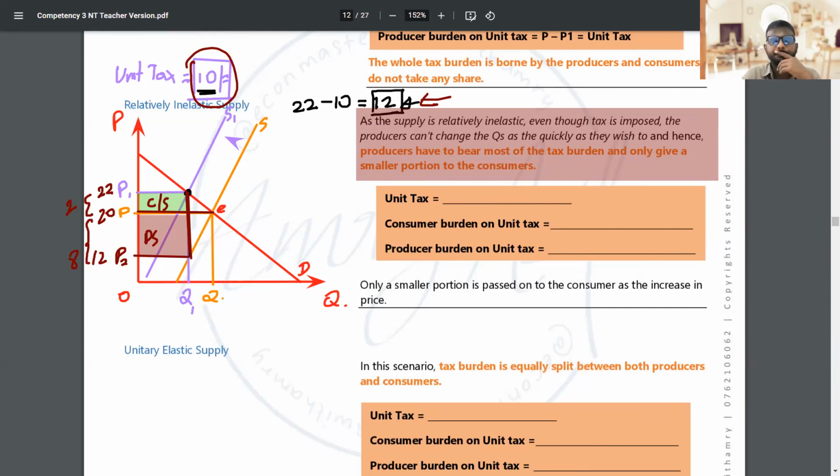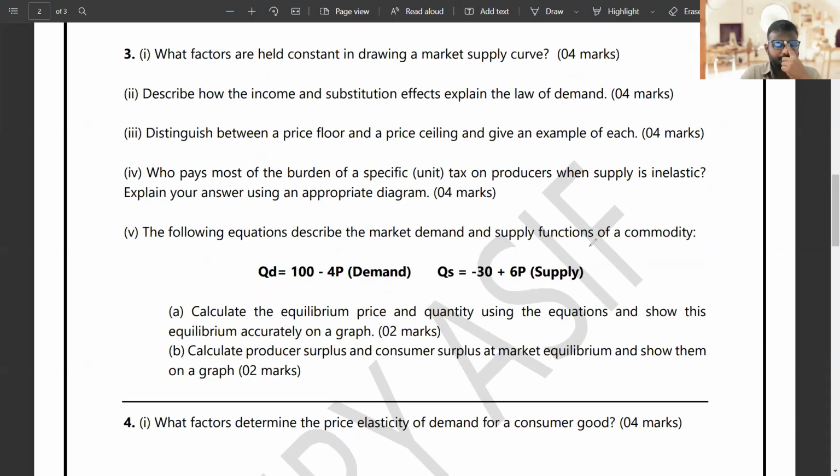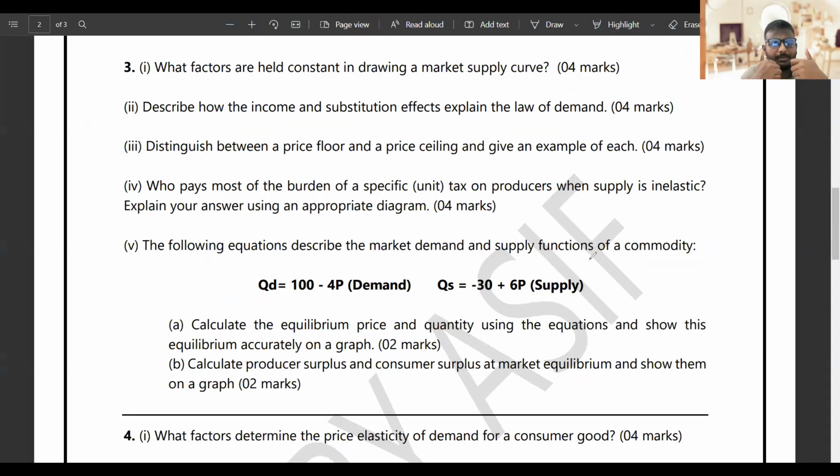Is that clear? So the producer bears most of the burden of the specific tax when supply is inelastic. We used a diagram and also gave a small description to explain the whole thing.